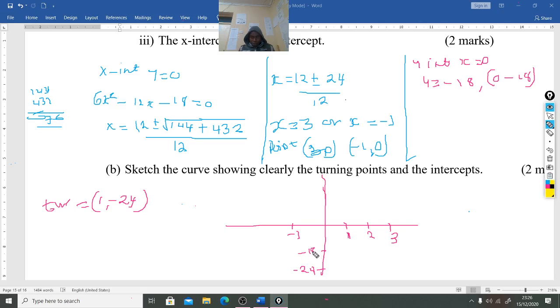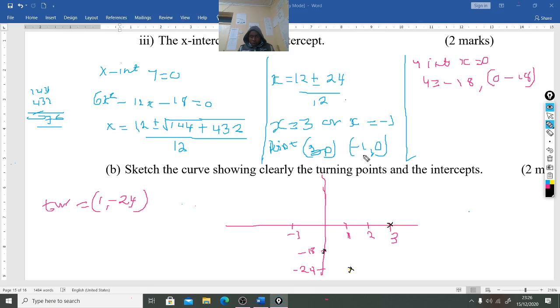If I have all the points, I can start with 1 and -24. You can have a sketch there. Then I also have a point like 0, -18, there is a point here. I also have a point like 3, 0, a point here.